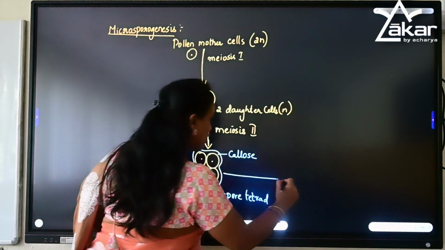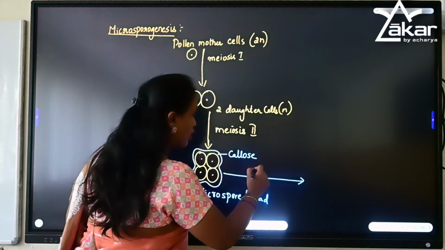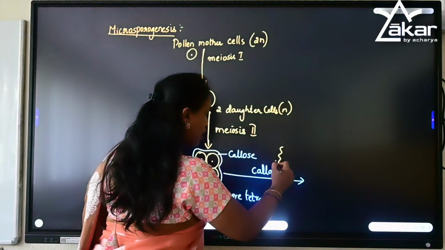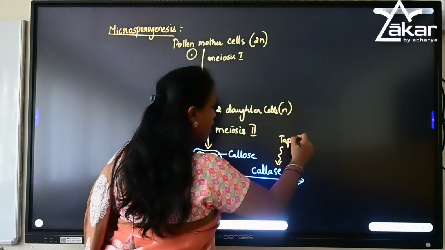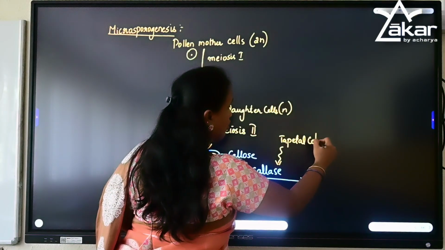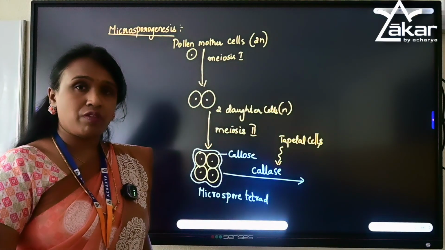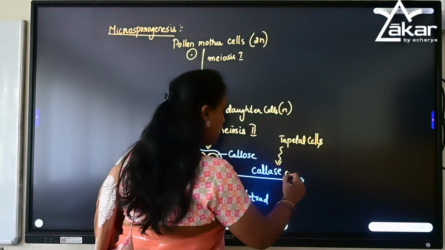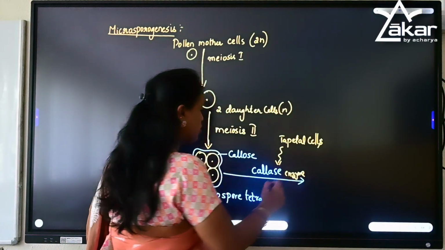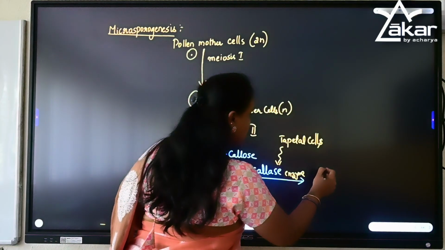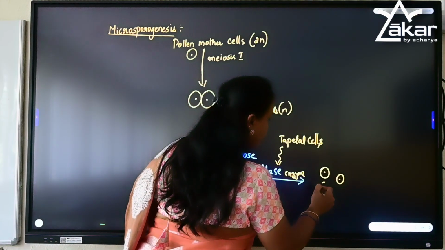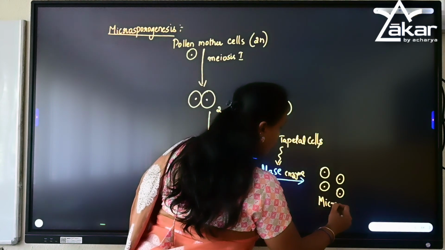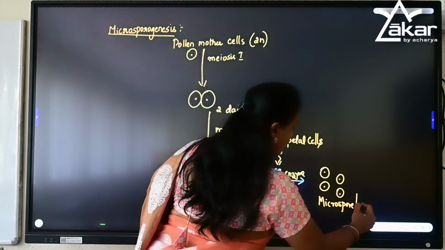The tapetal cells produce an enzyme called callase. The same tapetum, which is nutritive in nature, produces callase enzyme, which helps in digestion of this callose, releasing the pollen grains freely. These are microspores, also called pollen grains.